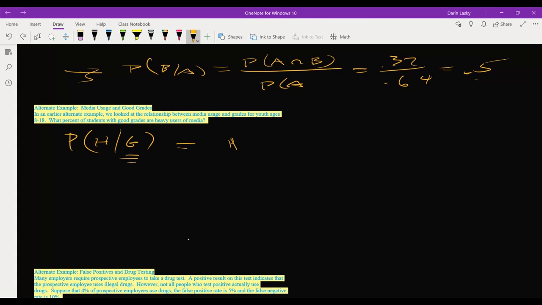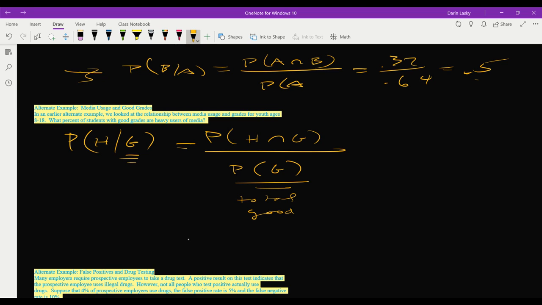It's the probability that they're heavy media users and they get good grades over the probability that they get good grades. So we need to find the total good grades.